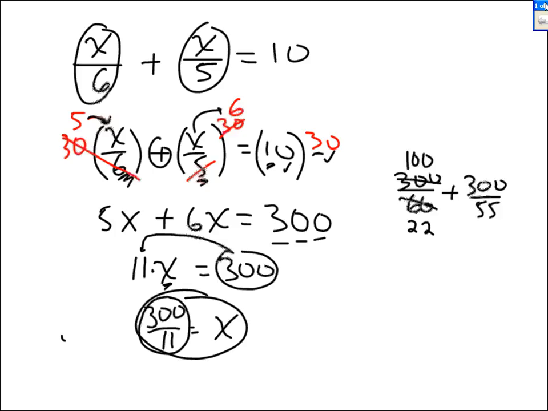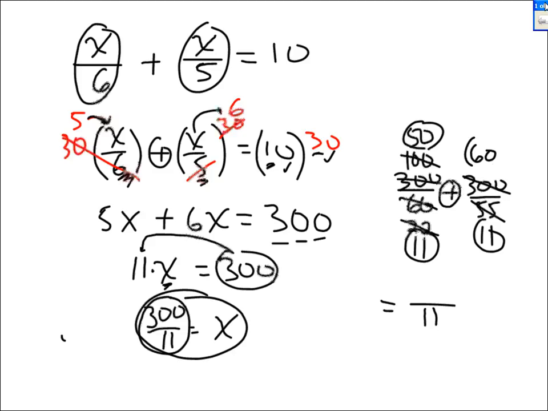Actually, I should have said 6. And 2 goes in here 11 times, and 2 goes in there 50 times. And 5 goes in here 11 times, and 5 goes in here 60 times. So the bottoms are now the same, and I get 50 plus 60 on top, which is 110, and that's 10. 11 times 10 is 110. So we did check.